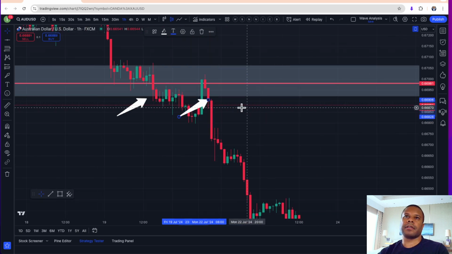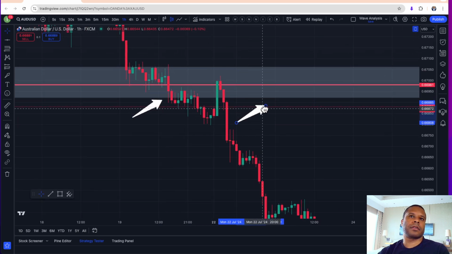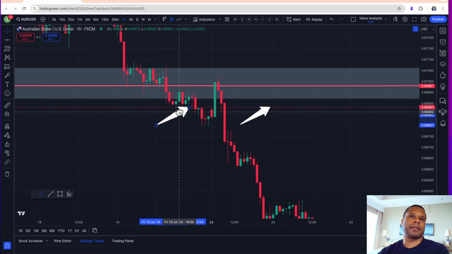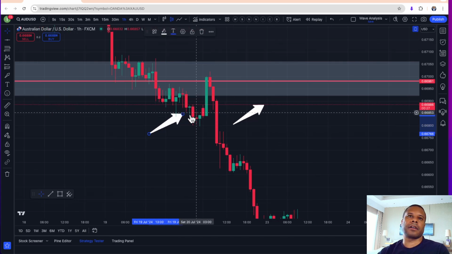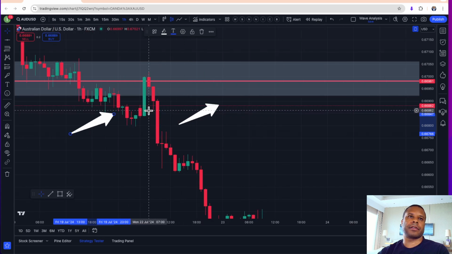Actually, no, I'm sorry. We see the break out of the zone here. Slight engulfing, not quite engulfing because we had a wick. Let's say we had this bullish pattern right here, these three candles.